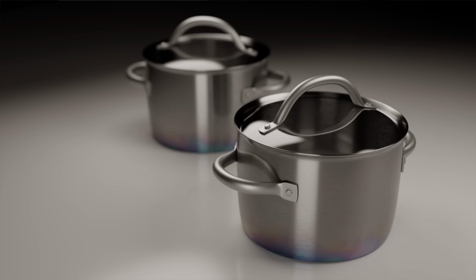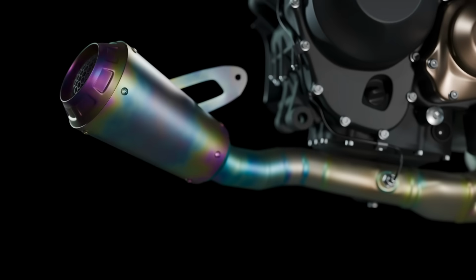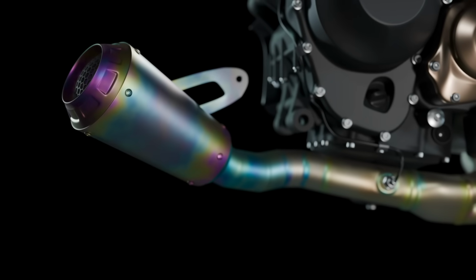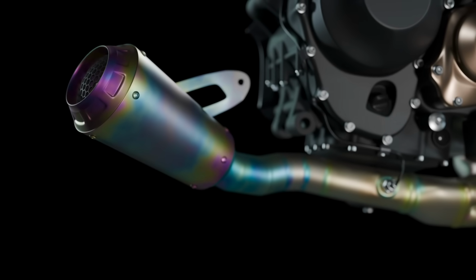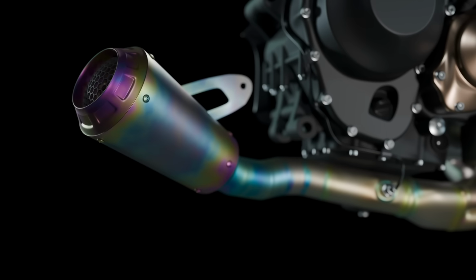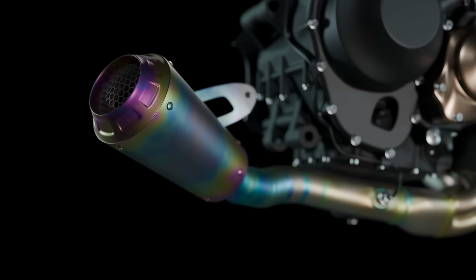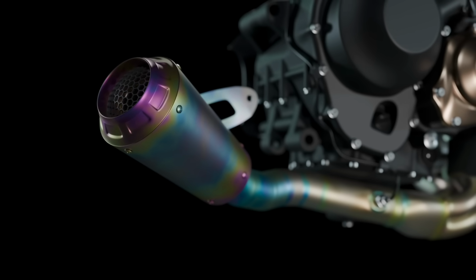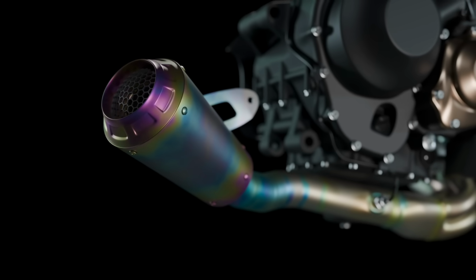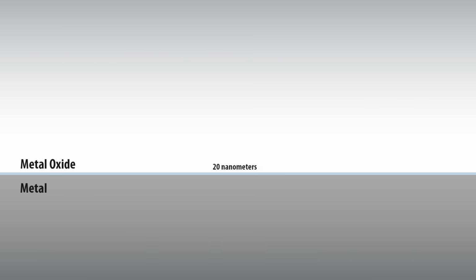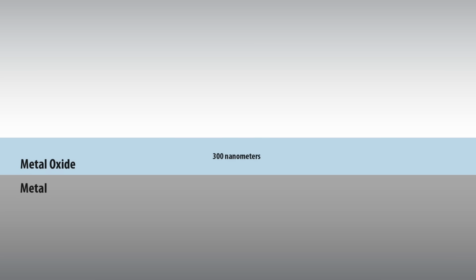Think of the iridescent colors you see on cooking pots exposed to high heat, or the distinctive coloration, sometimes called bluing, on motorcycle exhaust manifolds. The high heat accelerates the chemical reaction between the metal and oxygen, creating an extremely thin, transparent layer of metal oxide on the surface. These metallic oxide layers are truly microscopic, ranging from tens to hundreds of nanometers in thickness.